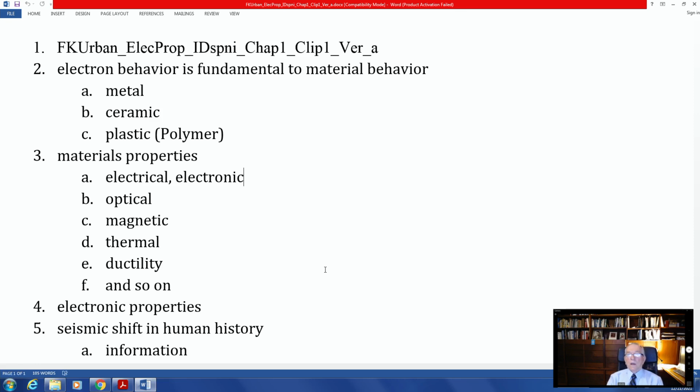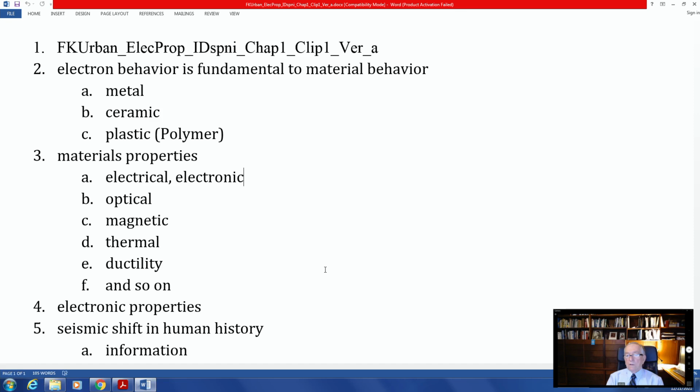And what happens to magnetic fields around the material? Thermal, do they transmit heat easily, or do they conduct heat or not? And is it isotropic or not? Does it go more in one way than in another way? These are material issues. Ductility, can the material be bent or will it fracture?